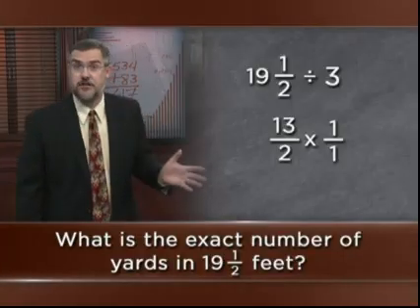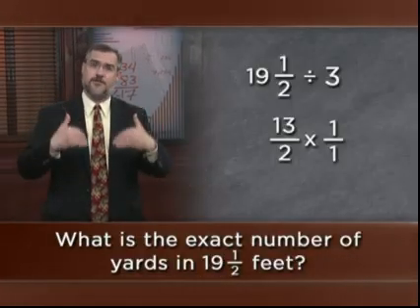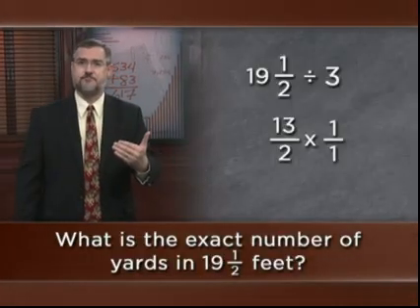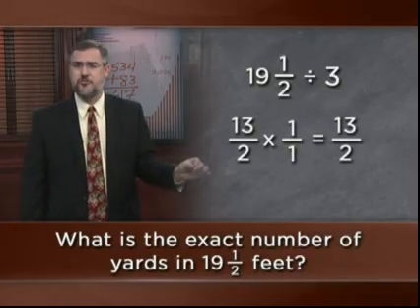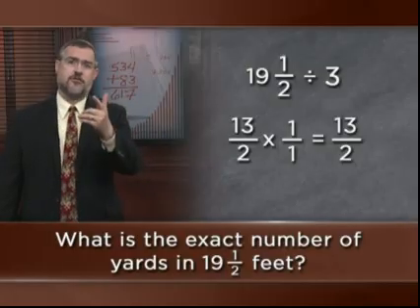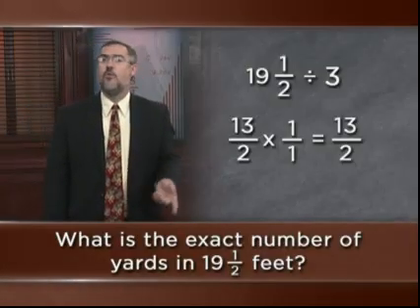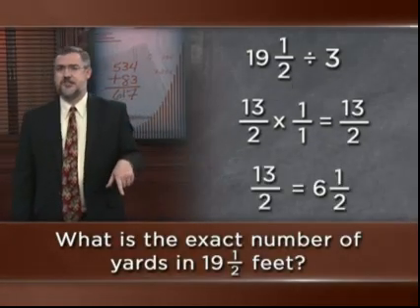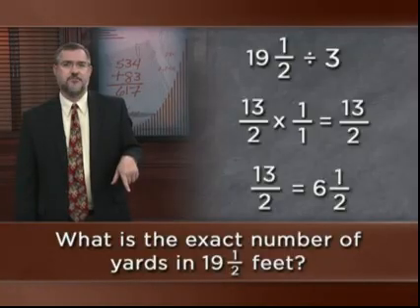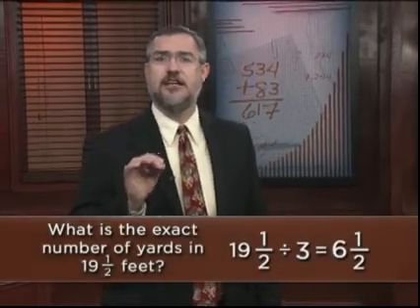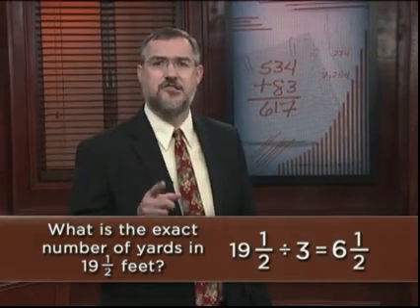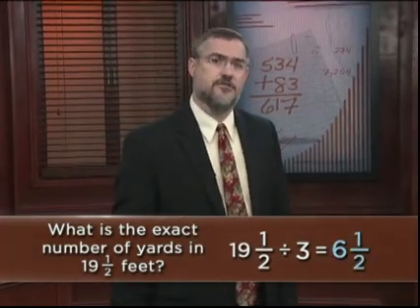Where does the 13 come from? 39 divided by 3 is 13. And of course, 13 times 1 is 13, and 2 times 1 is 2. So my answer is 13 over 2, which is the same as 6 1/2 if you write it as a mixed number. So now let's interpret. We now know that 19 1/2 feet is the same as 6 1/2 yards.